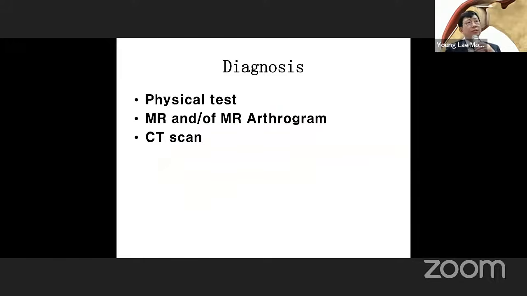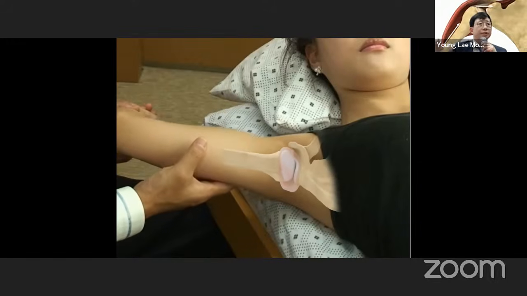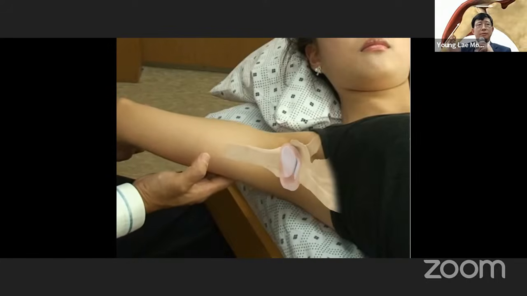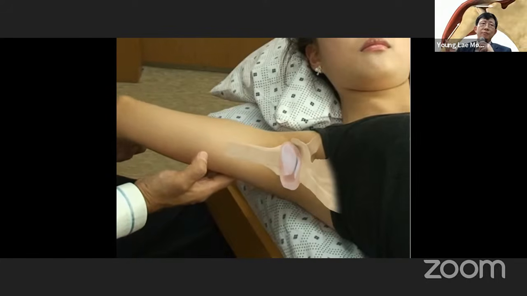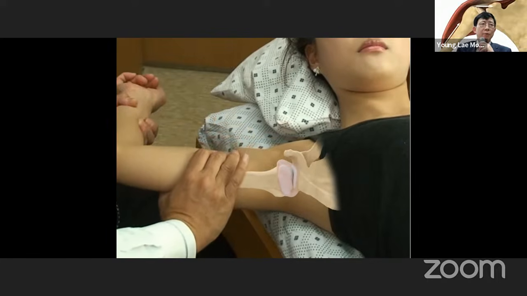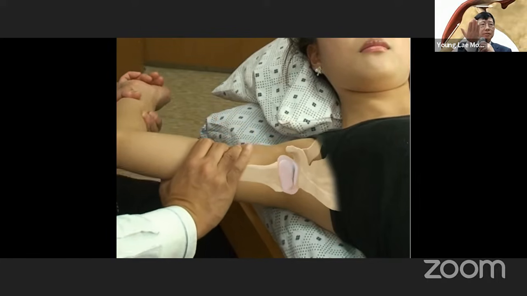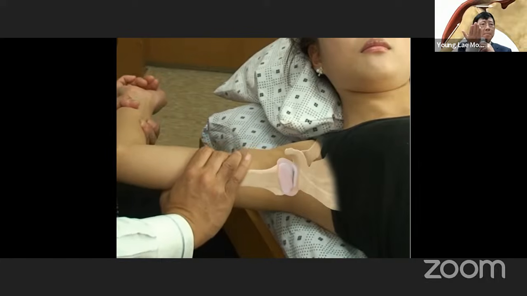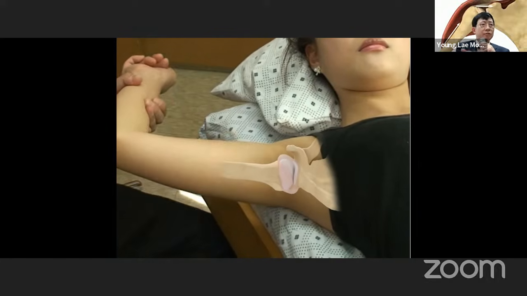How do we detect those conditions? We can define the patient's condition by physical test, MR and/or MR arthrogram, and CT scan. Let's see the patient, the instability. The patient feels discomfort when we raise up the patient's arm in the supine position.